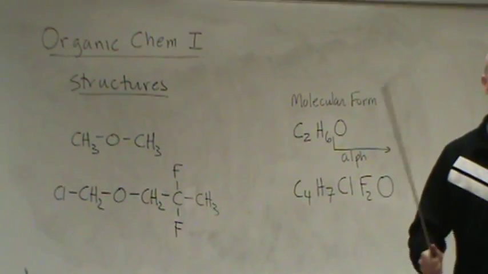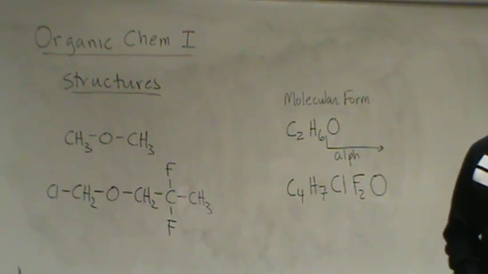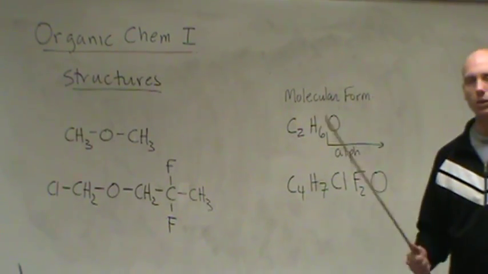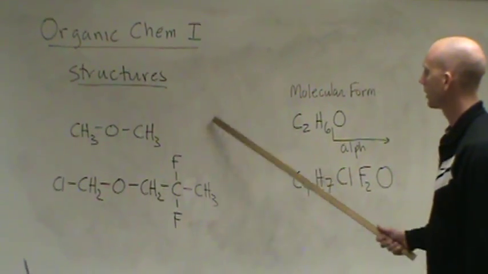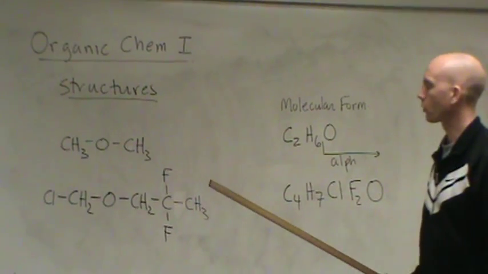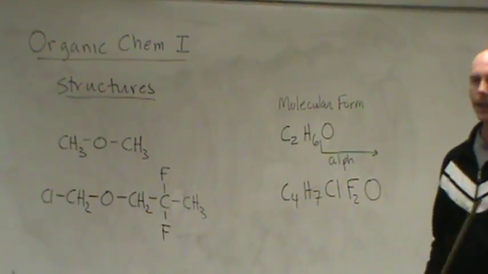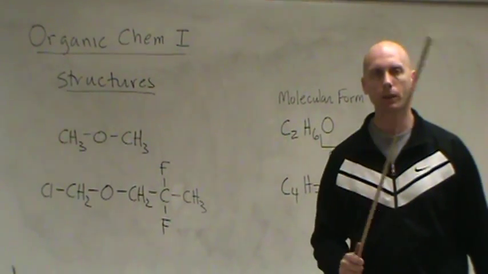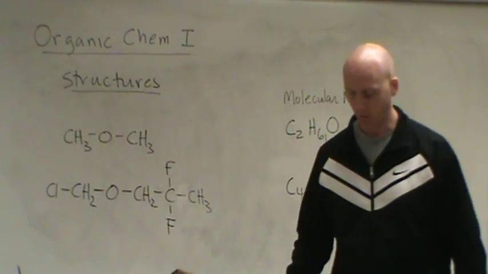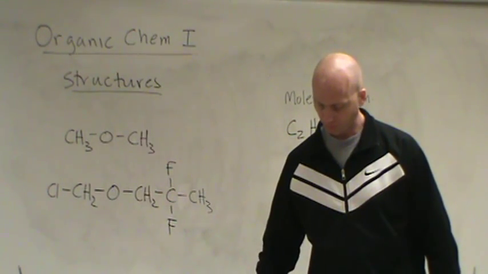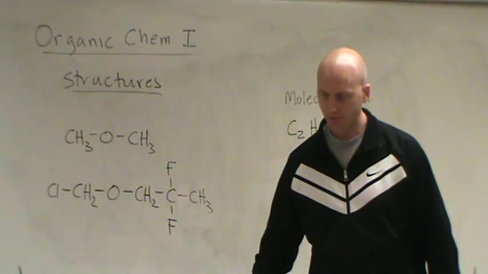There could be 2 or 3 or 4 or more, okay? And those things are called structural formulas, giving us more than one, which are called isomers, okay? So we'll deal with isomers a little bit down the road.